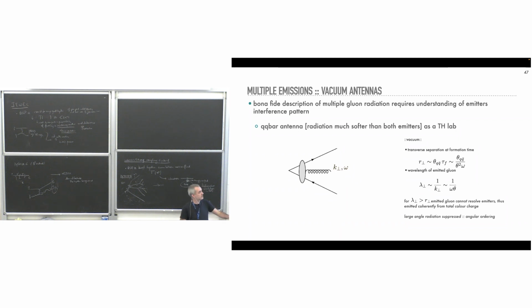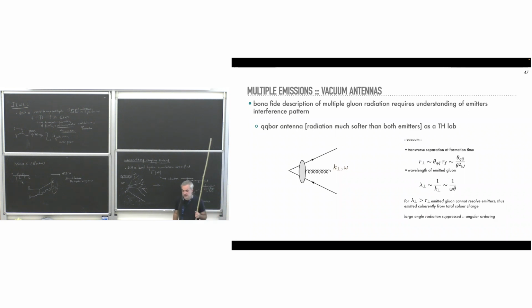If the wavelength is larger than this distance, then this gluon cannot resolve the two legs that are emitting separately, and the emission occurs as if it was from the total object, which in this case is color-neutral. So there cannot be radiation with wavelengths larger than the separation of the legs. This is what happens in vacuum. I can translate this into angles.